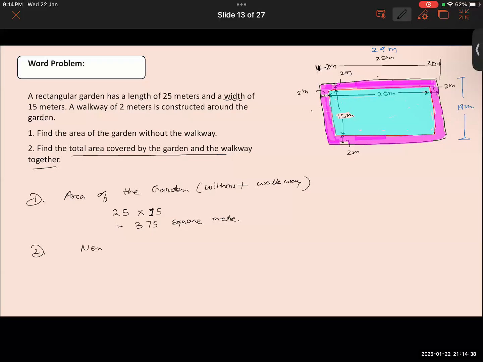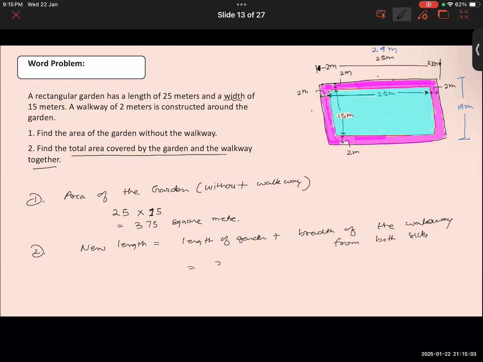We first need to write the new length. That is the length of the garden plus the breadth of the walkway from both sides.